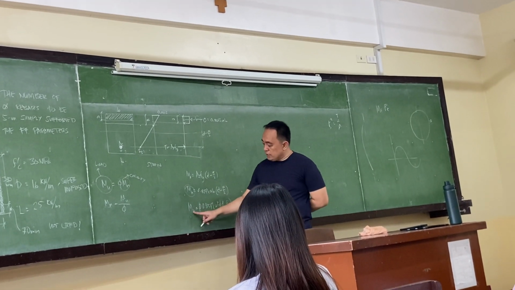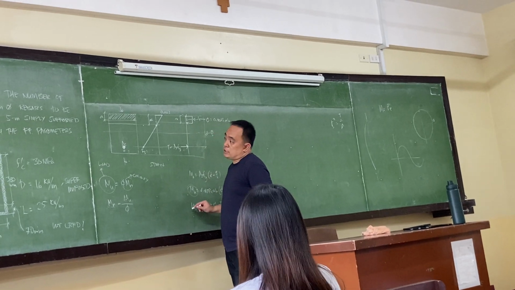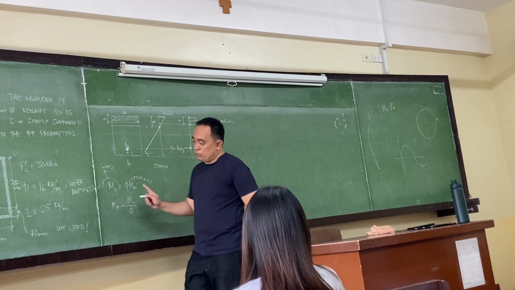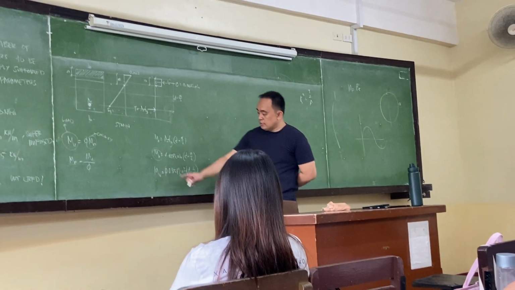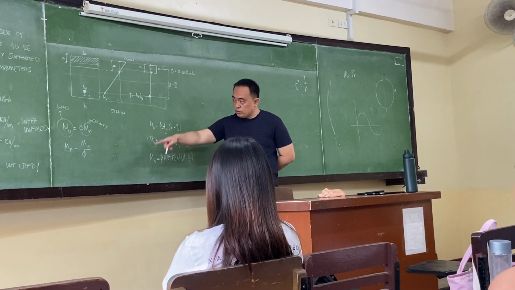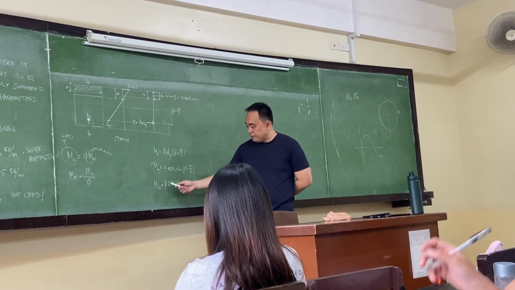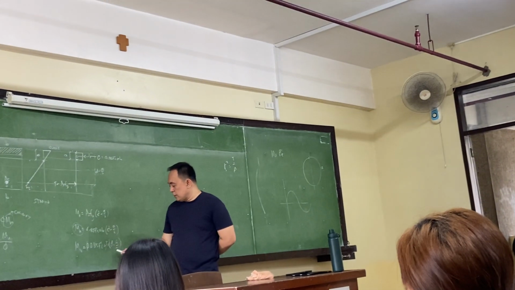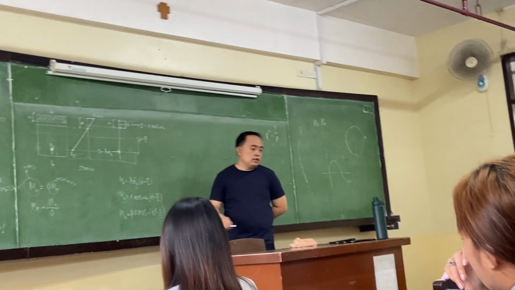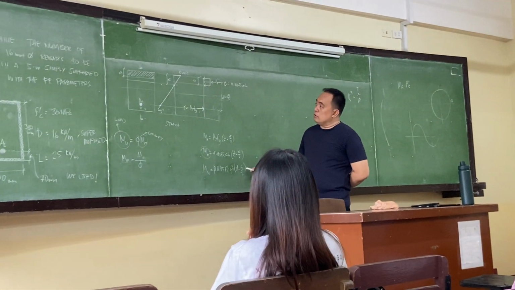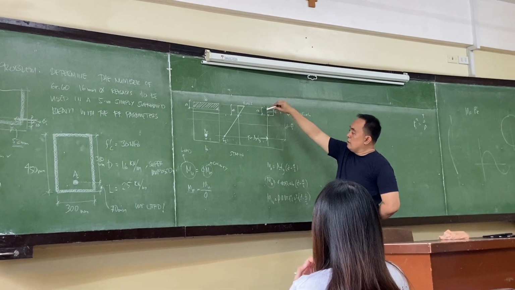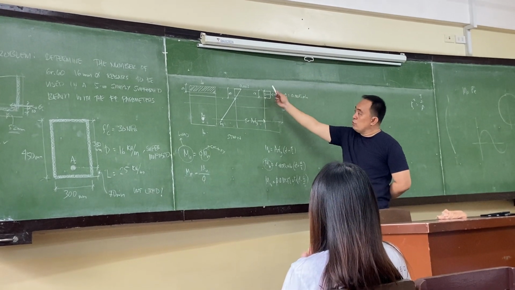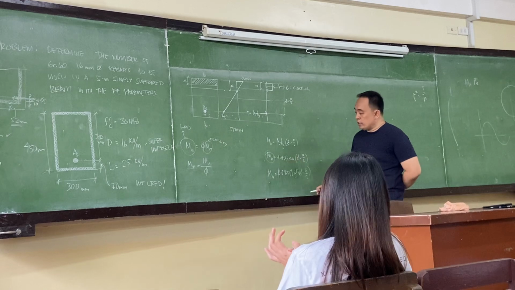So we have our Mu here, which can be solved using our loading, and that is now dependent on the loading. From there we can now solve for our a. So the a we will use first, and then later on we can equate it to this one to finally solve for our As.